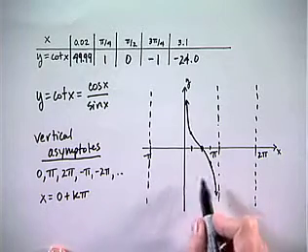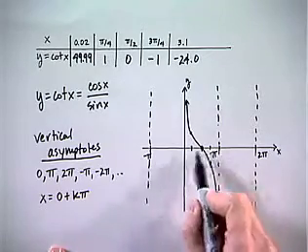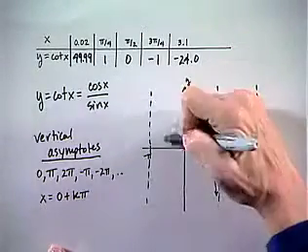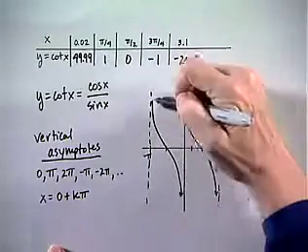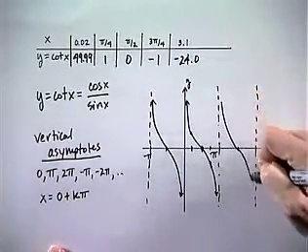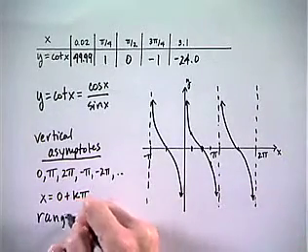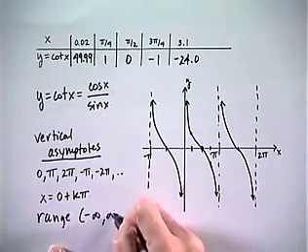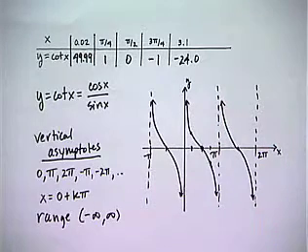This is one period of the cotangent. The fundamental cycle extends from 0 to pi. And the cotangent looks like this between every set of vertical asymptotes. So here's another piece of the graph, and here's a third piece of the graph. Let me point out and write down that the range is -infinity to infinity, extends to -infinity and to +infinity also.